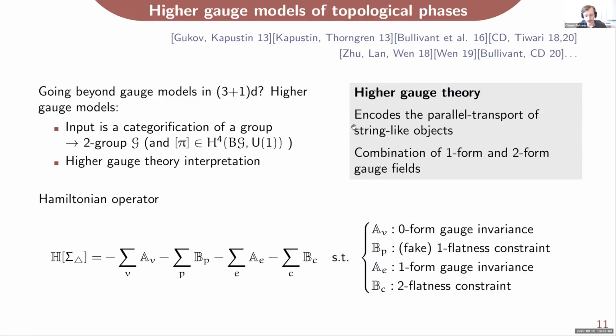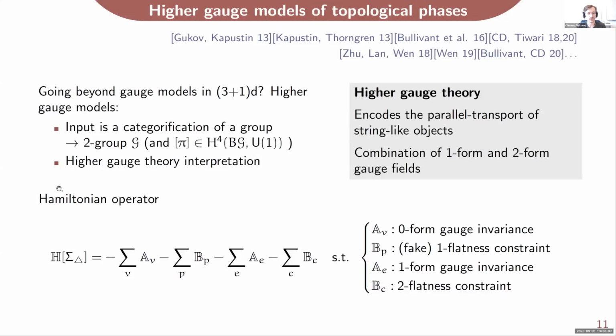If a gauge theory is the theory of a one-form gauge field that encodes the parallel transport of a point-like object, a higher gauge theory is a combination of both one-form and two-form gauge fields, and this can encode the parallel transport of a string-like object instead of just a point-like one.